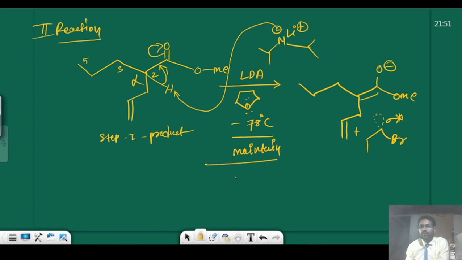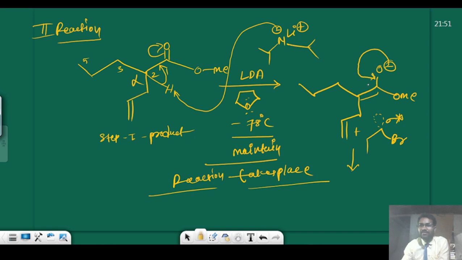Then and only then the reaction will take place. So this will come back like this, and this nucleophile will attack this electrophilic center, and the bromide will leave from the reaction.